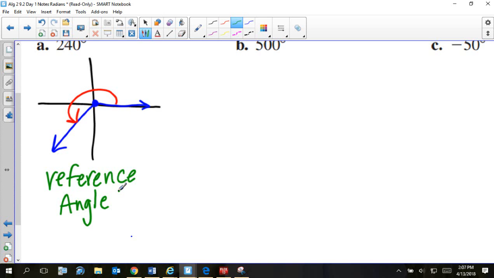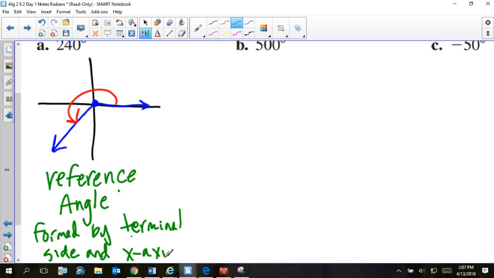It loves the x-axis. It goes to the x-axis. It's formed by the terminal side and the x-axis.